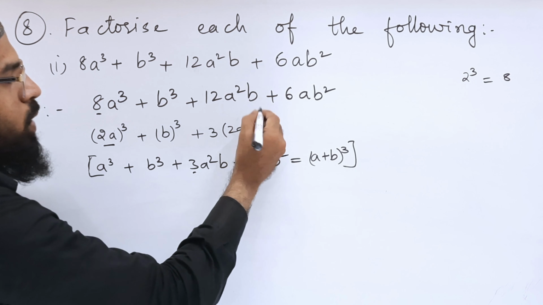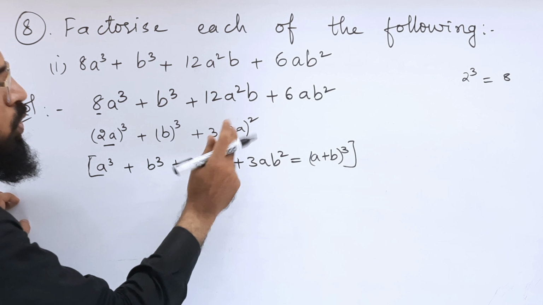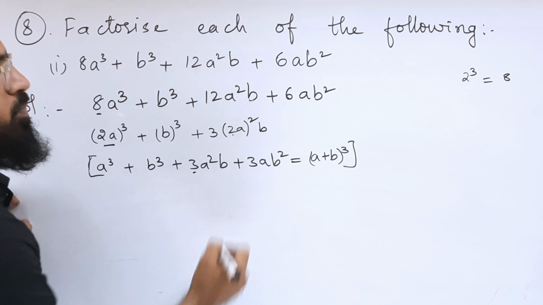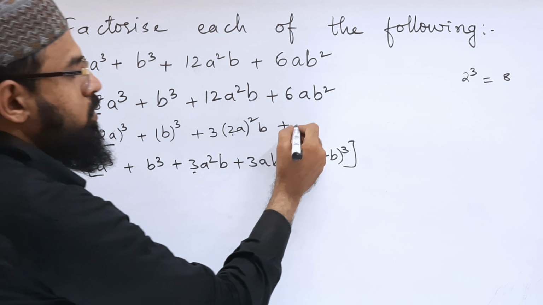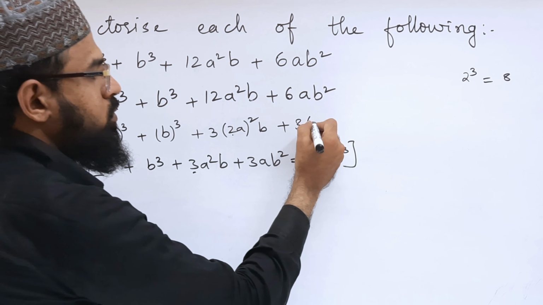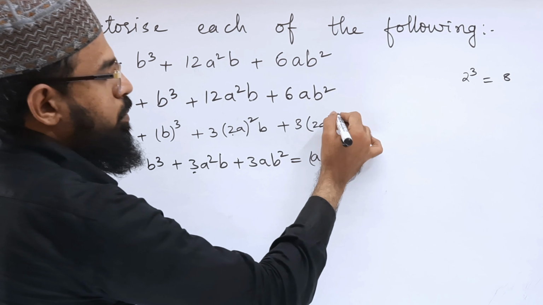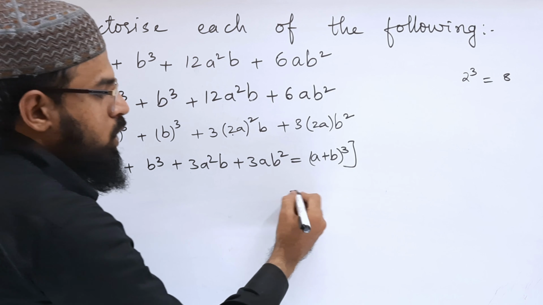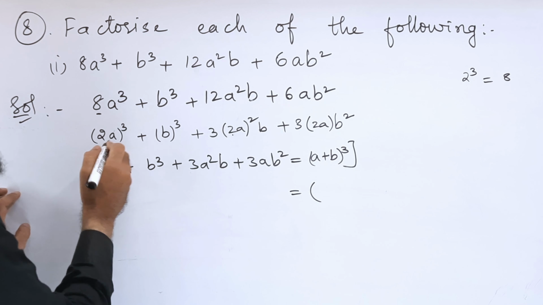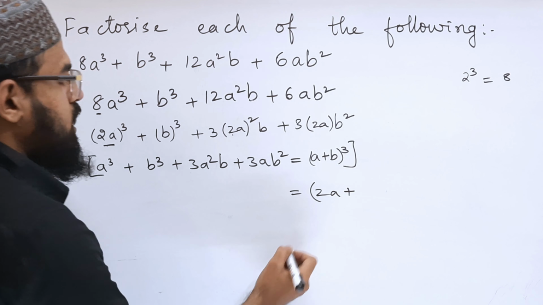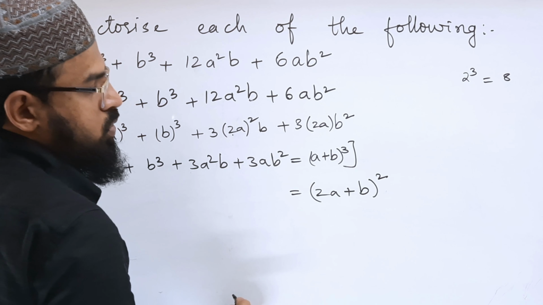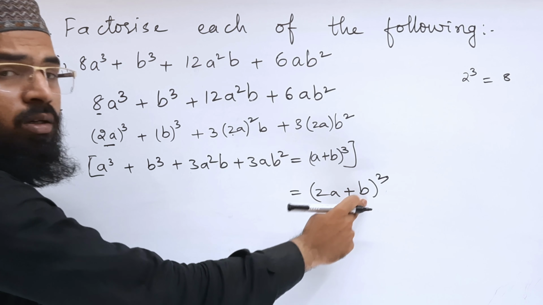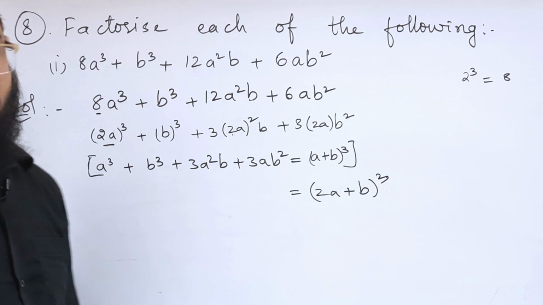So 2a square. Square of 2 is 4. 4 3s are 12. So 12a square b plus 3. A is 2a and b is b. So b square. So by this formula, we can write, what is a? A is 2a plus b is b itself. So whole cube: 2a plus b whole cube.